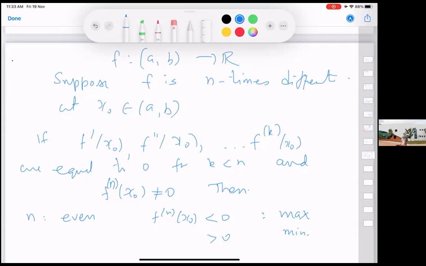Then you take one such point at which f dash x0 is 0. Then you will start looking at higher order derivatives at that point. And if you keep getting zeros, the first time you see a non-zero value, that being odd or even decides the picture. So if it is even, it is a maximum or minimum, and if it is odd, point of inflection.